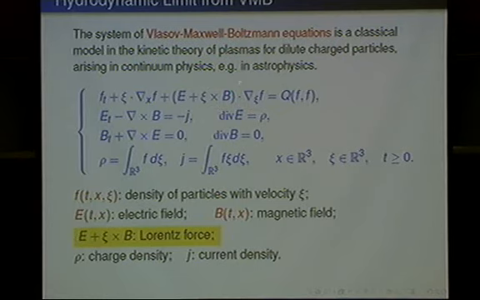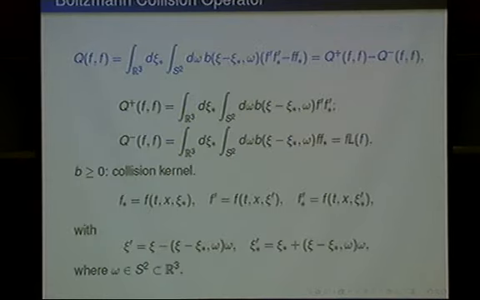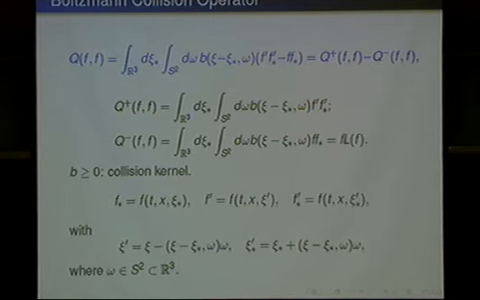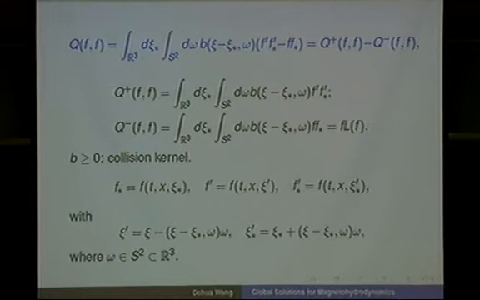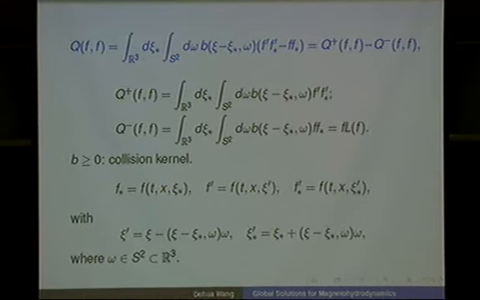So let's see. This Q is defined in this way. This is just the Boltzmann collision operator. This is the standard one, nothing really special. All the positive part and the negative part of this one are defined in the standard way.